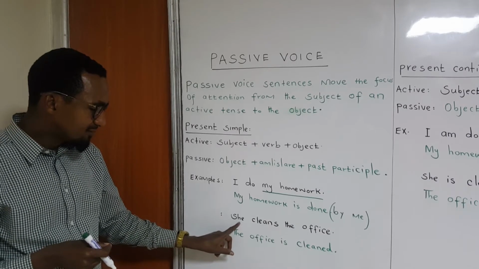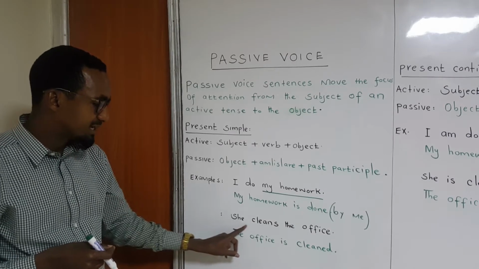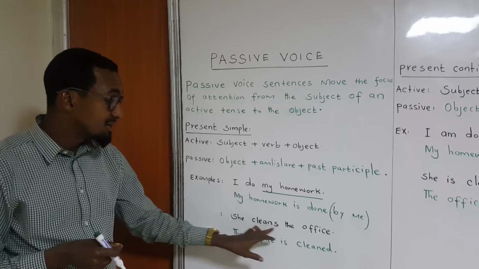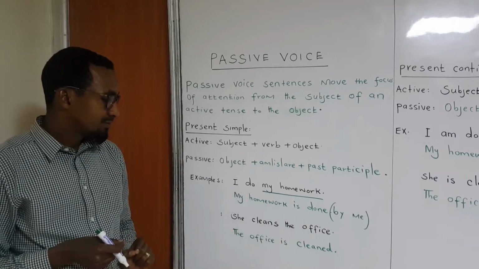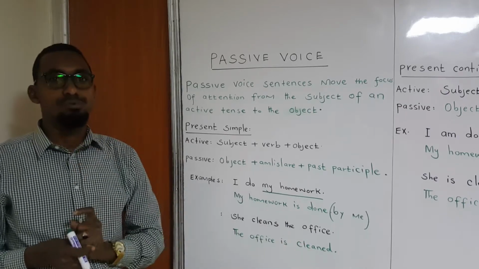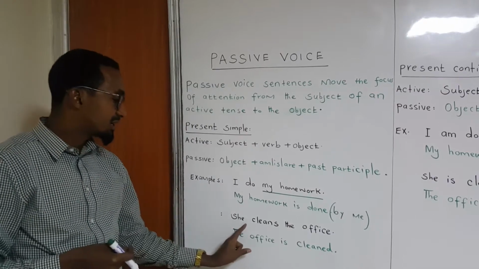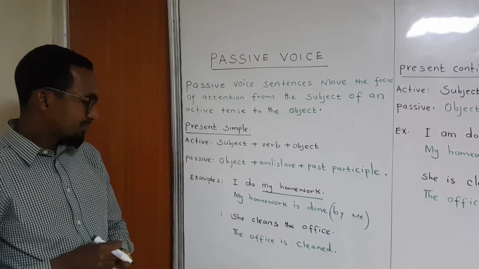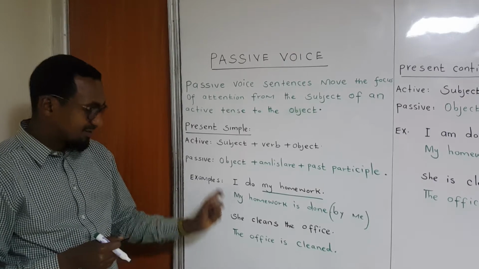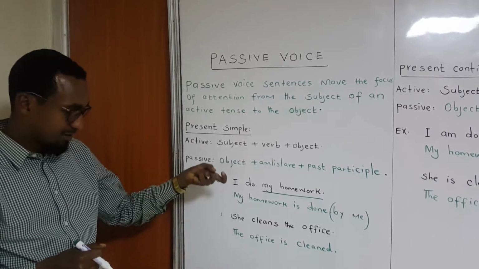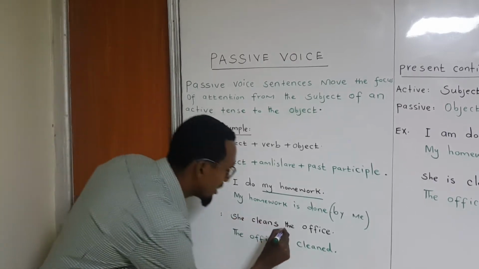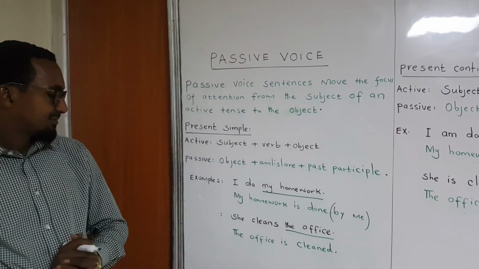Now, let's move to the other example. She cleans the office. This is a habitual action. It happens every time. When you want to change this sentence to passive, we start with the object, the office.